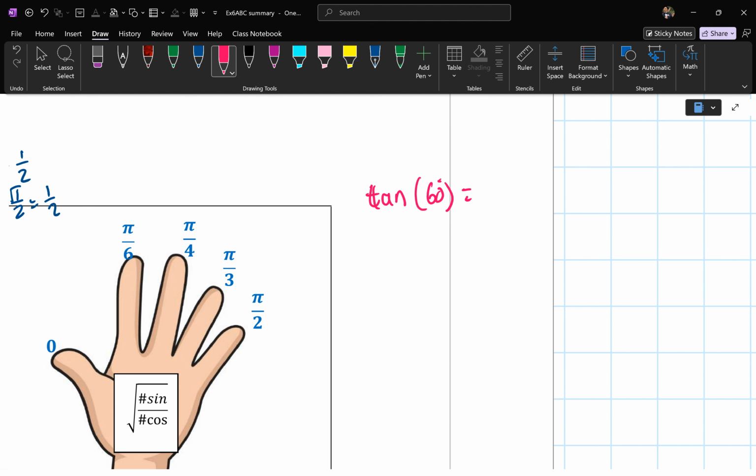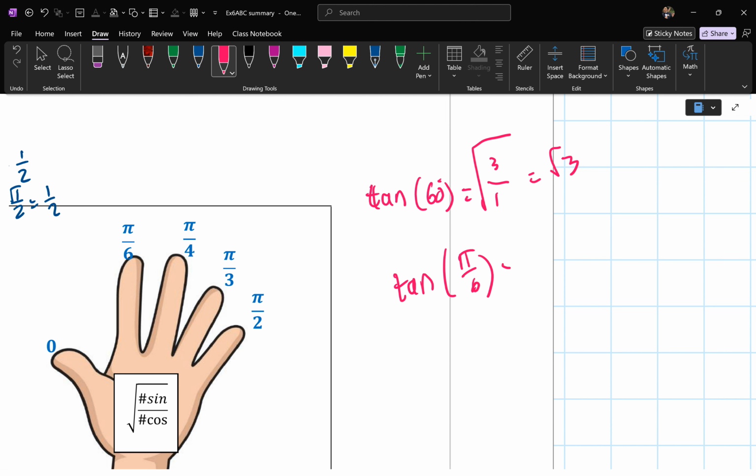So the number of sine fingers I have on the left is 3, divided by the number of cos fingers, which I have 1, and then square root that. So 3 over 1 is 3, and therefore the answer must be root 3. Does that make sense? There's just a slight change in the formula, but that allows you to remember the last 5.